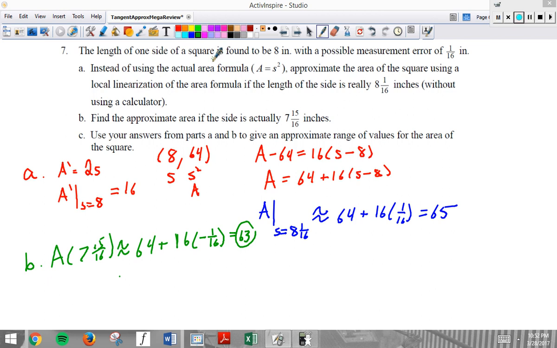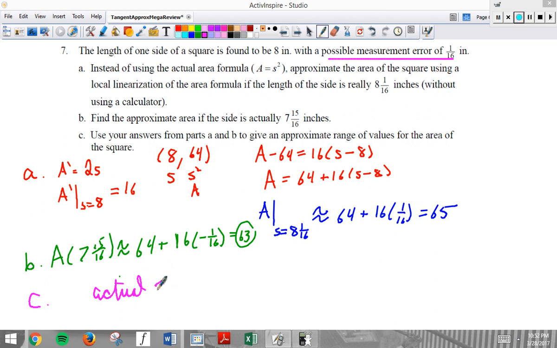So, if we were 1/16 off in a positive direction, that's what the possible measurement error means. If I was overestimating, my area would be 65. If I was underestimating, my area would have been 63.